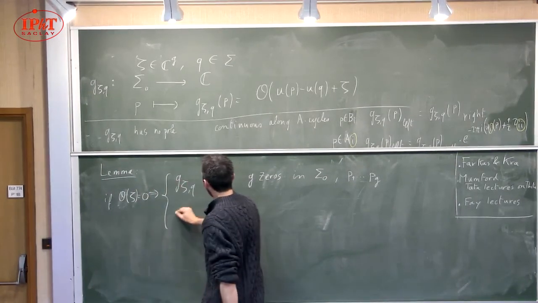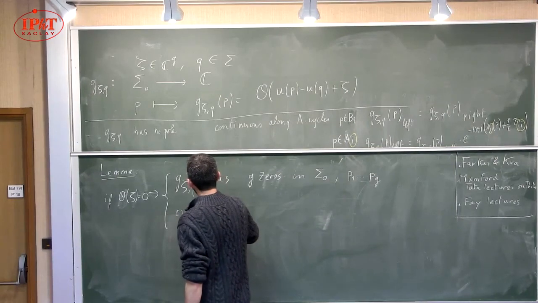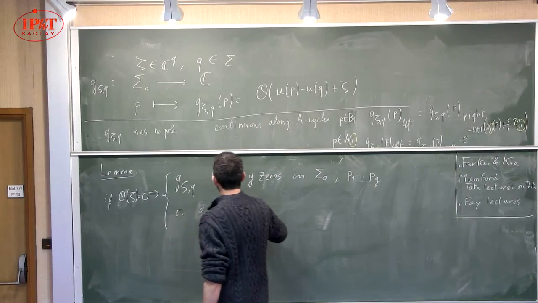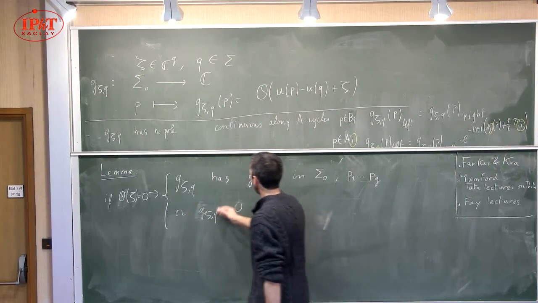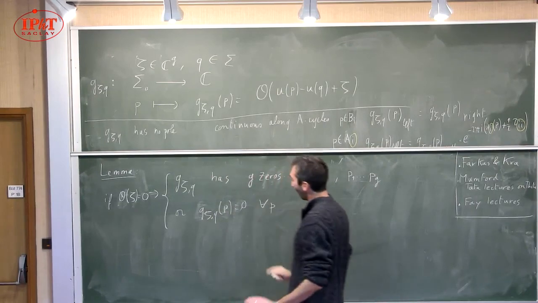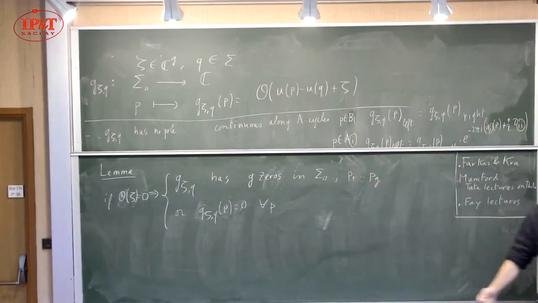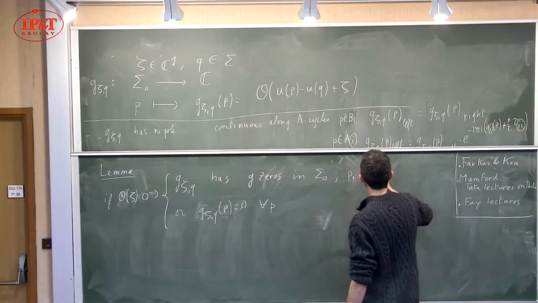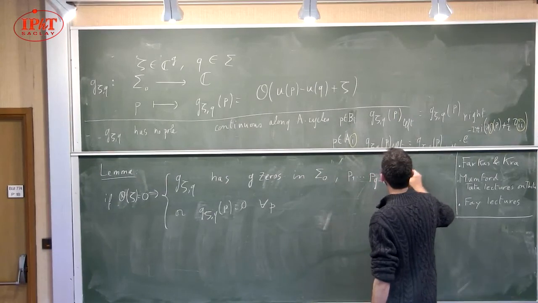Either g zeta Q is identically 0 for all P, so it's the vanishing function, or it has exactly g zeros, P1, ..., Pg minus 1, and one of them is obviously Q.